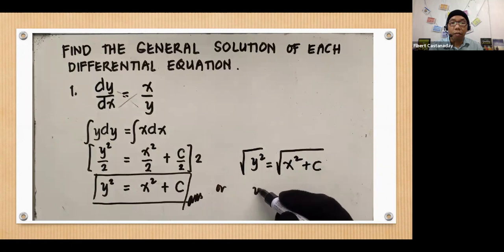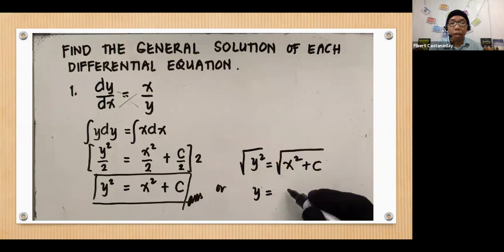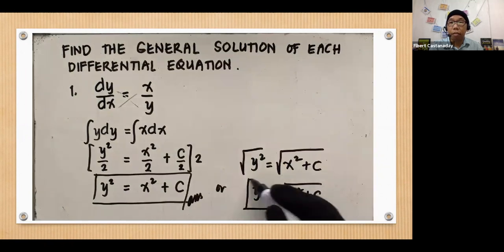So y squared is equal to x squared plus c, and taking the square root of both sides, I will now have y alone. Y equals the square root of x squared plus c. So that's it.